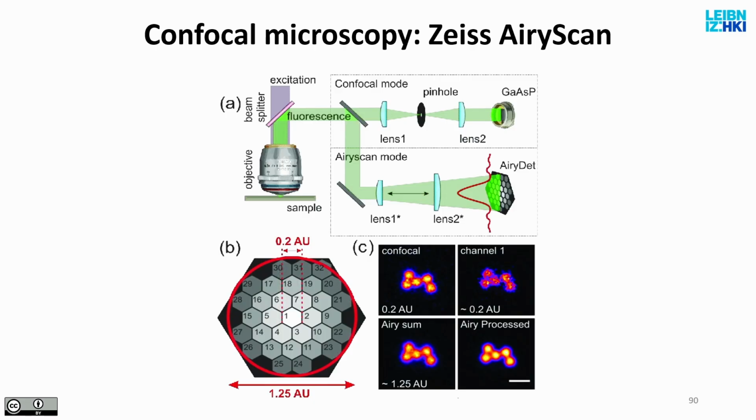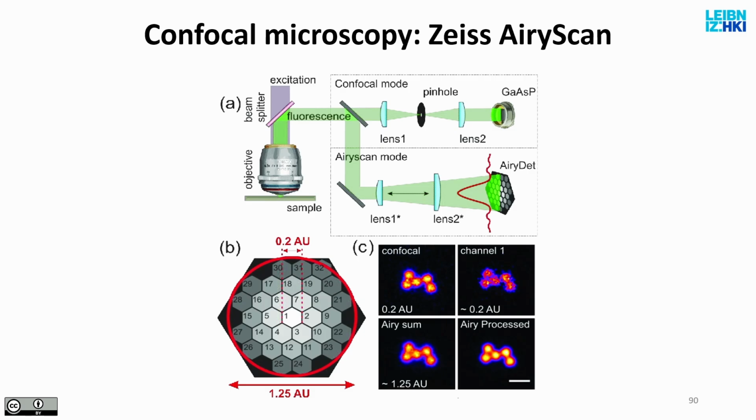But what if we don't put a pinhole there, but rather we put an array of detectors there? The middle of this would be corresponding to 0.2 units. And this way, I could detect the signal from all, in this case, 32 detectors.